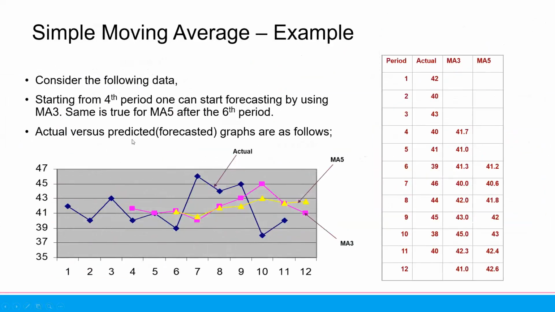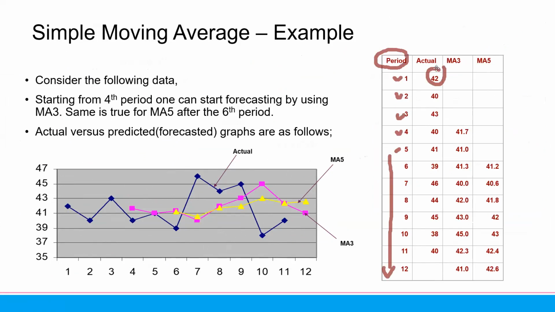So let's see the simple moving average. We have the period: period 1, period 2, period 3, 4, 5, 6 until 12. And this is the actual data. This is just an example.